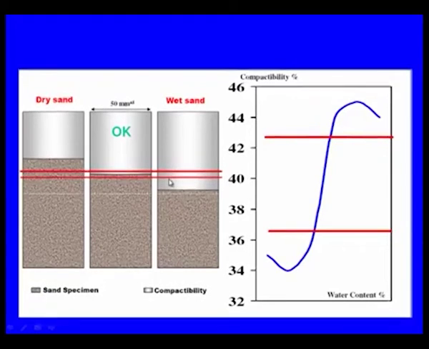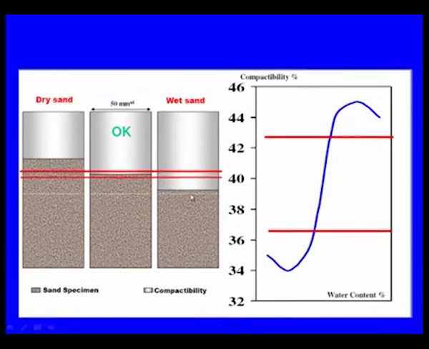Here we can better understand this compactability. The dry sand is placed loosely inside a container like this. This is a specimen tube. Now it is given some jerks or it is rammed. The sand is compacted up to this level, and with further ramming it has come to this level.